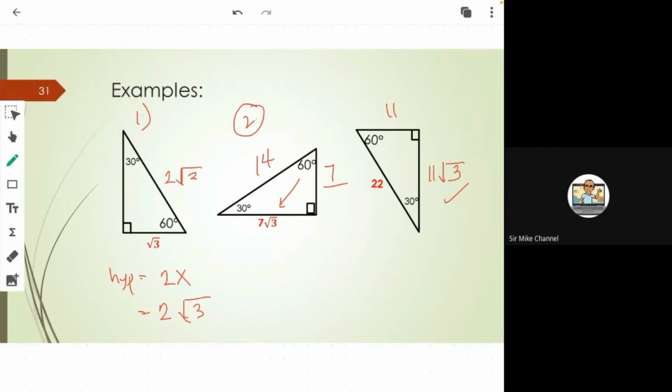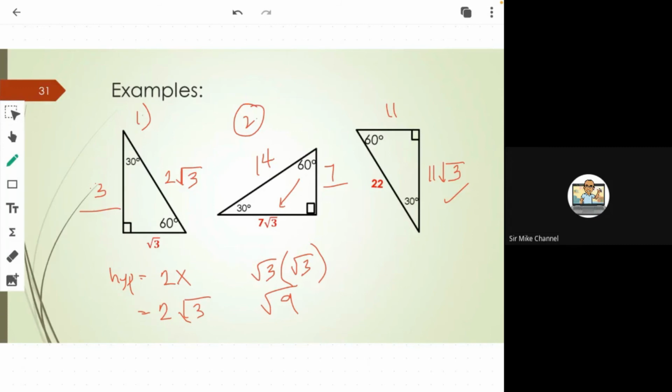Ayan. And then, how about the longer leg? Siyempre, yung longer leg natin, square root of 3 times yung shorter leg natin na square root of 3. So, magiging 3 times 3, 9. Yung square root ng 9 is 3. Okay, so yan po ang sagot natin.